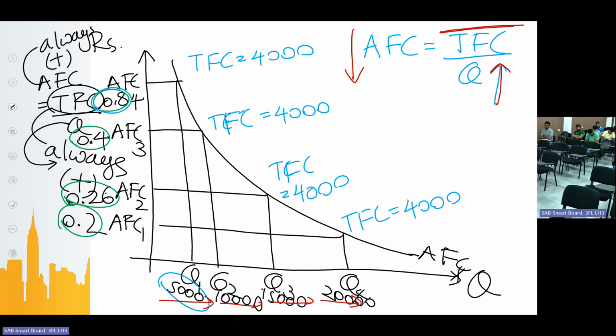So as a result, AFC will continuously decrease. A constant amount divided by an increasing Q amount, the answer, which is the AFC, will continuously decrease.